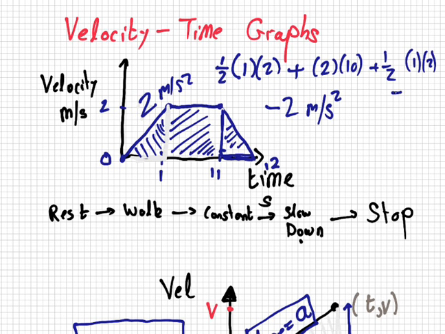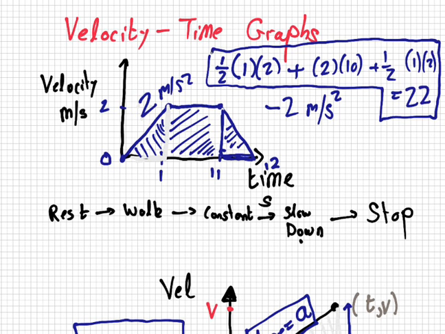So that is 22 in total, isn't it? Yes. So that's the distance this man has travelled, 22 meters. That's his distance, S. And that's his acceleration, and that's his deceleration.